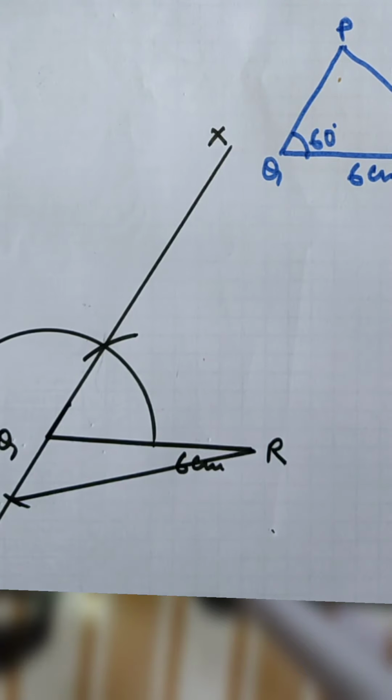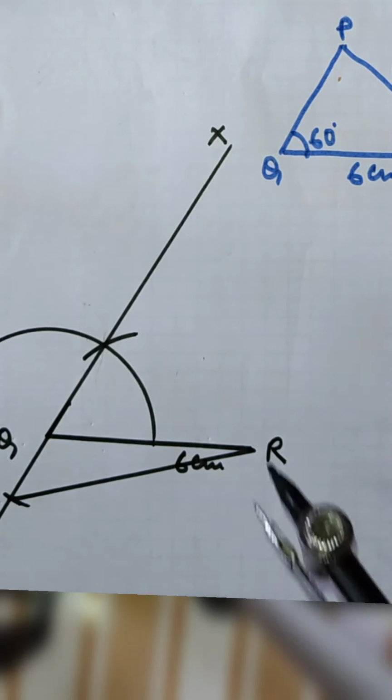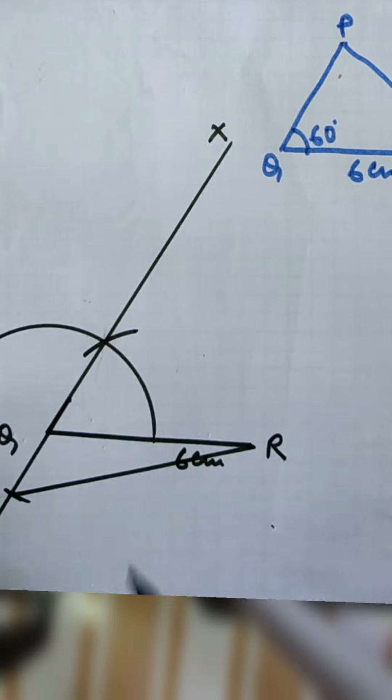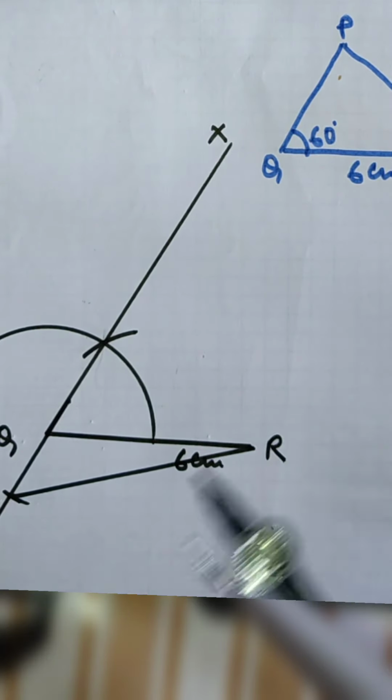Now we will bisect the line RS of triangle QRS.